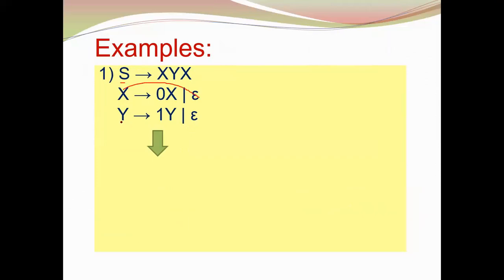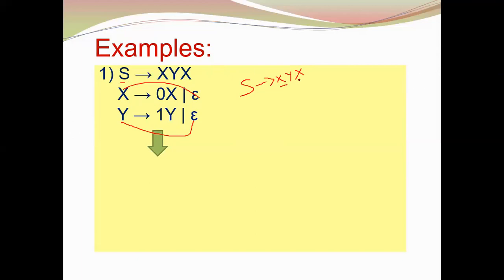X tends to epsilon and Y tends to epsilon. Then I can substitute this epsilon wherever I can find the X and Y. My grammar is like this, right? S tends to XYX. I can substitute the epsilon in this production. If I am substituting epsilon for the X, what is the value here?